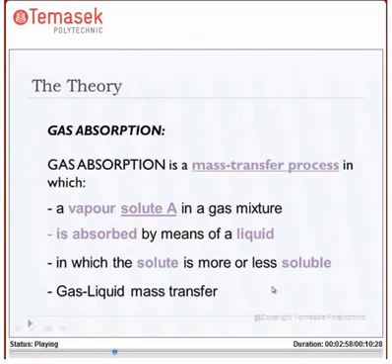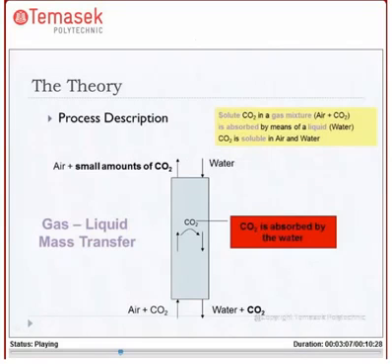Thus, gas-liquid mass transfer is achieved as A is transferred from the gas mixture into the liquid stream. The vapor solute here, which is carbon dioxide, is absorbed by the liquid, which is water. Note that the carbon dioxide must be soluble in water for the gas absorption to occur.